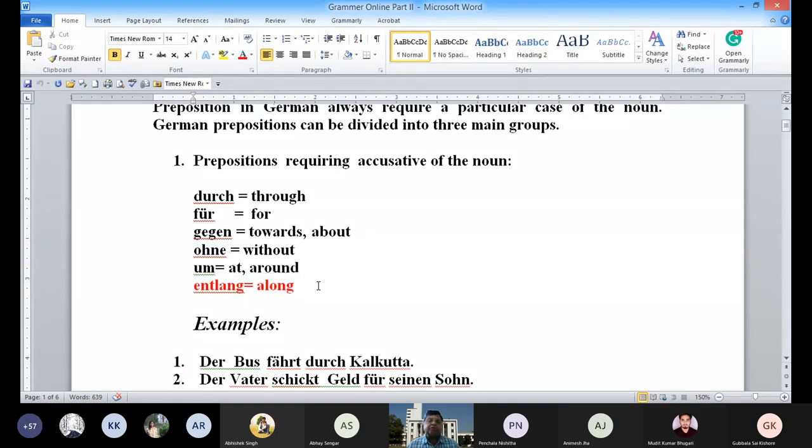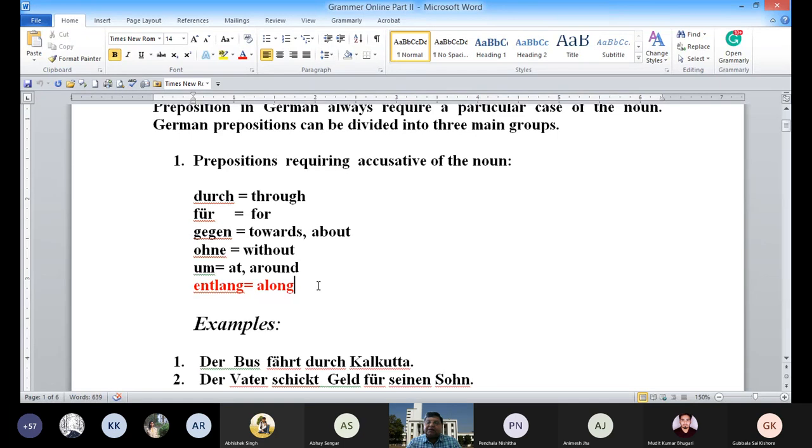In fact, it is used just like a postposition, as we use in some languages after the noun. For example, I can give an example in Hindi. You know that in English we say, suppose, in the room. In the room: in is a preposition, the is the article, room is the noun. And these three are called a phrase.